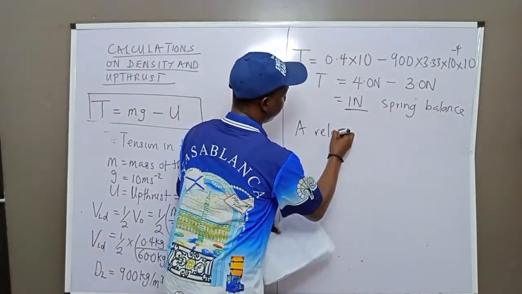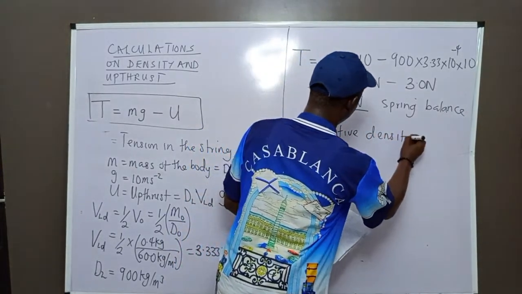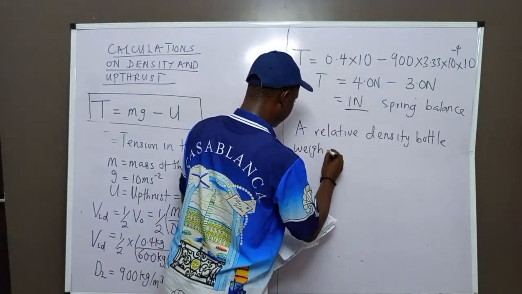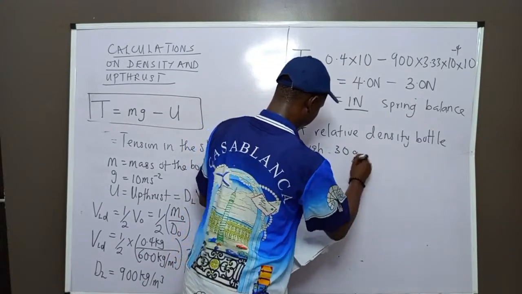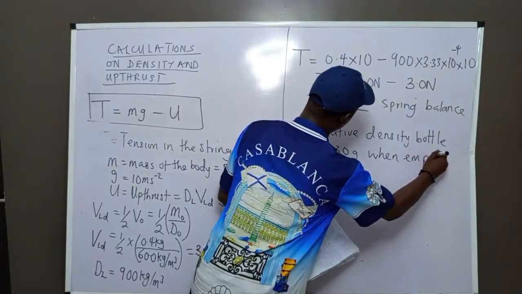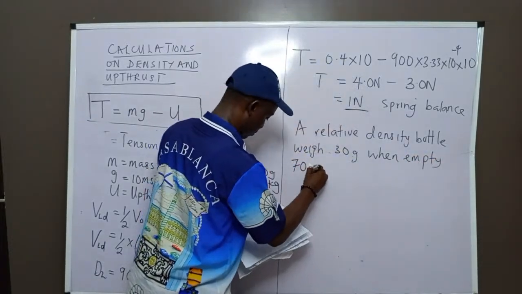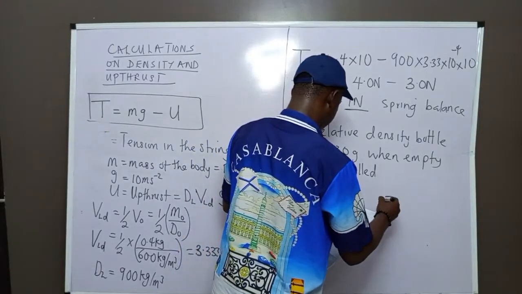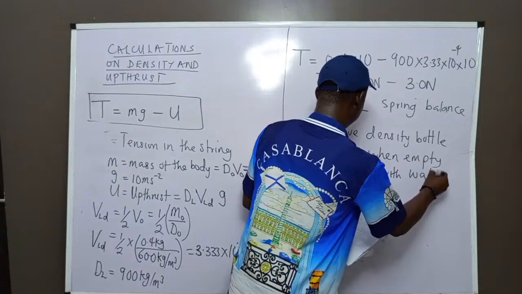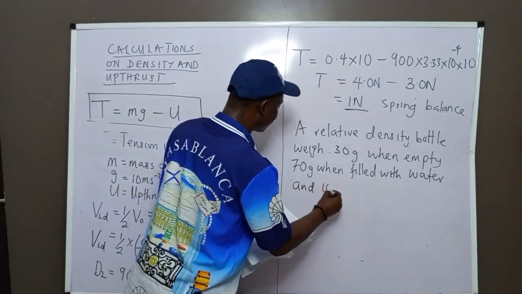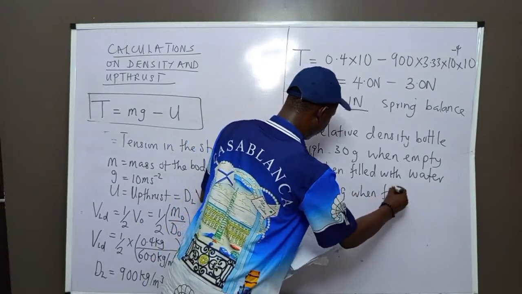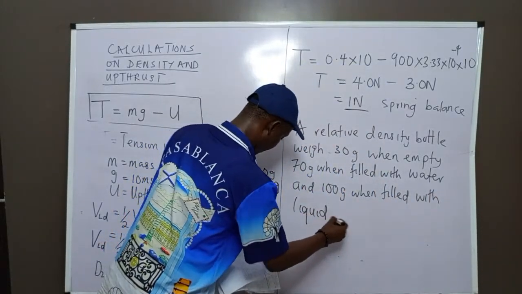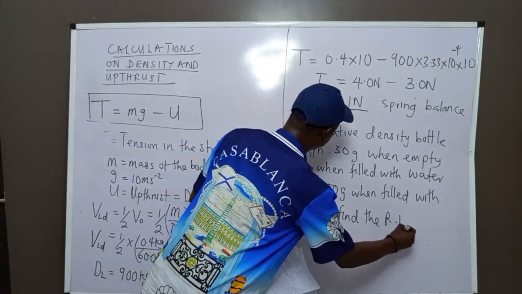A relative density bottle weighs 30 grams when empty, 70 grams when filled with water, and 100 grams when filled with liquid. Find the relative density of the liquid.